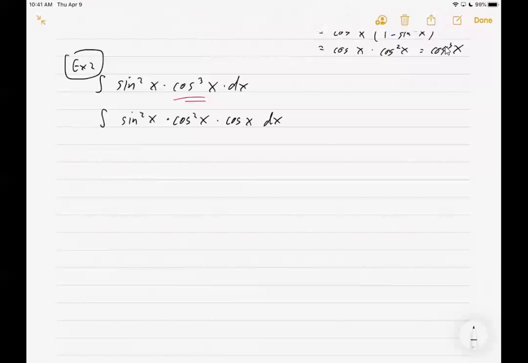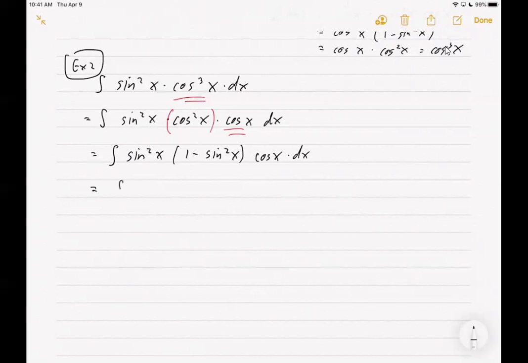And the key is we now have something that's starting to look like a level 1 problem if I convert the cosine squared of x using my identity. So let's keep going. Oh, I should have an equal sign on the left here. We'll leave sine squared of x alone. Cosine squared of x can be rewritten. Since it's even, we can rewrite it using our Pythagorean identity. Just do some distribution.